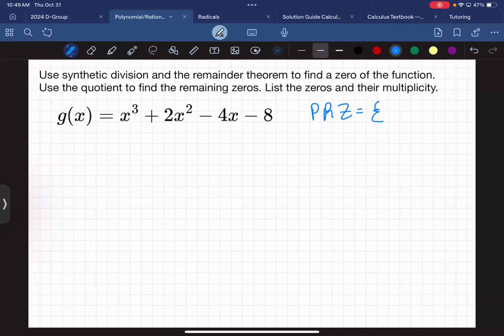Let's limit what we're working with. Well, that's where these two things come into play, right? The constant term, the leading coefficient, right? Since the leading coefficient is 1, we won't have any fractions, so that's nice. So it's just factors of 8. So we'd have what? Plus or minus 1, 2, 4, and squeeze it in there, an 8.